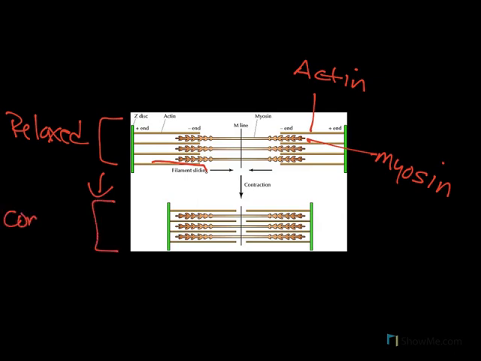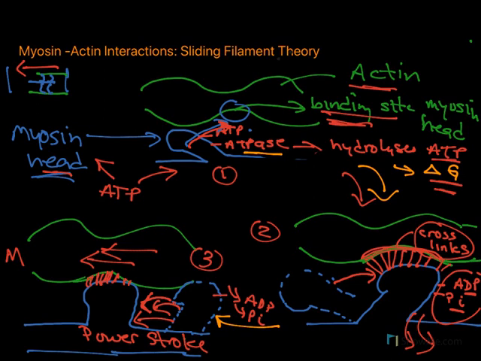So this is where the muscle is contracted. Okay? And so you see what happened. The actin moved towards that M line. And how did it move towards that M line? Because of that power stroke. That power stroke happens because of the loss of the ADP and the inorganic phosphate, and because the myosin head is still attached to the binding site via these crosslinks.